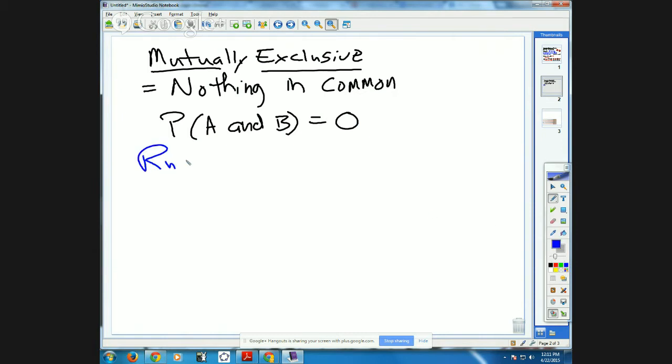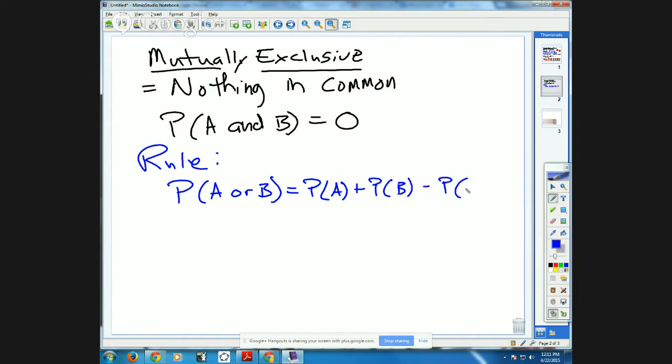Because the rule for ORs in general is the probability of having A or B is equal to the probability of A plus the probability of B minus their intersection. And if I know their intersection is empty, then I can ignore that and just do the addition.